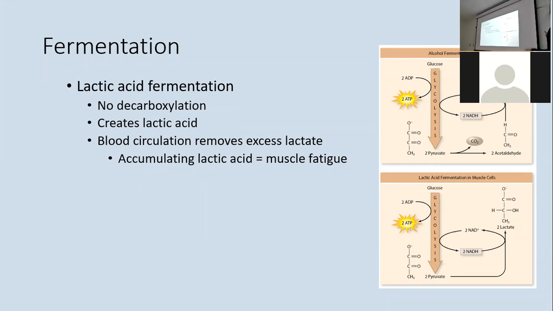So if you are doing things where you're using up the oxygen stores in your cells, this happens particularly in muscle cells. Your muscle cells will start to go through this form of lactic acid fermentation because they don't have enough oxygen, which is generally fine because your blood circulating will remove the excess lactate and you will be all right. Now, if you accumulate a lot of lactic acid in your muscles, if you work out past this point, your cells become very oxygen depleted.